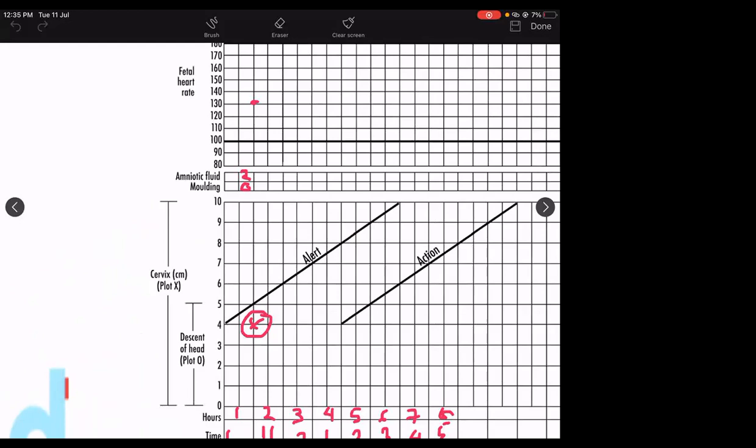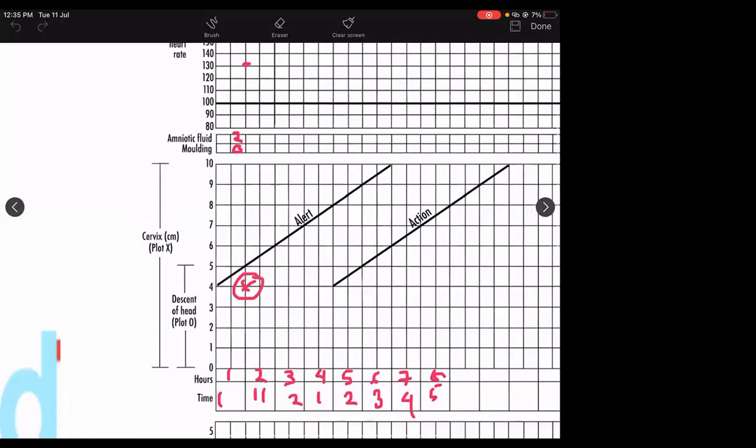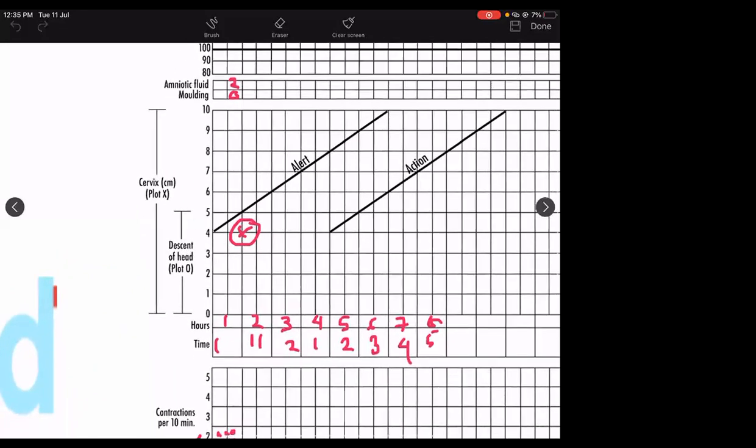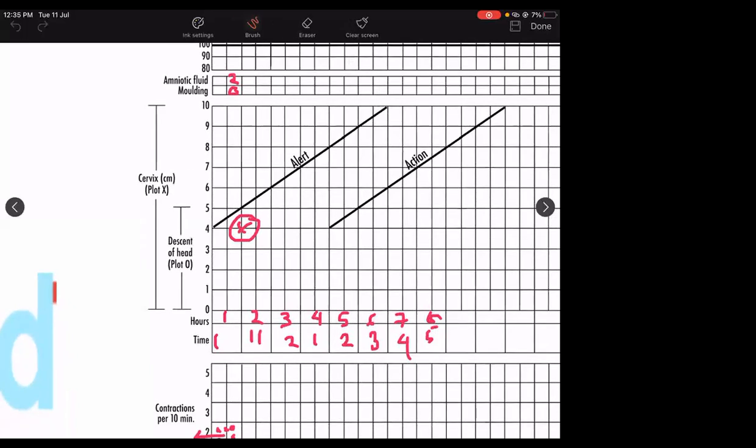You have done it at 10, and then after 4 hours, meaning 1, 2, 3, 4. You see why it is easier for you to write your timing. You know that your next examination is at 2 p.m. That is when you will do another vaginal examination for her.